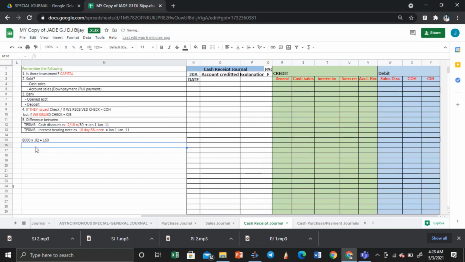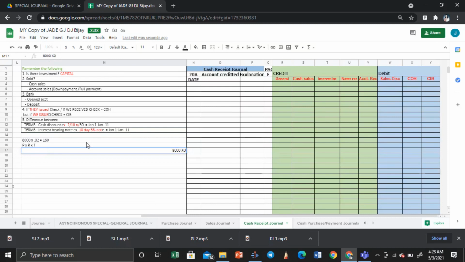Pero dito kay interest-bearing note, you'll get the interest by principal times rate times time. Paano yun? Yung principal amount mo is 8,000. Ang kailangan mo, makapagbayad ka within anong araw? 10 days. Sabi ko nga sa inyo, kung kanina ibabawas mo, dito dadagdagan mo naman yung amount na makukuha mo dito. Lagay natin yung 8,000. Tapos, multiply mo saan?